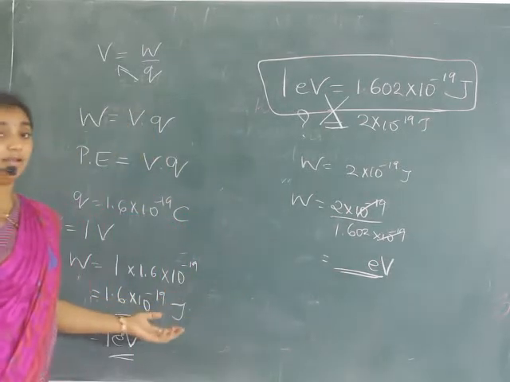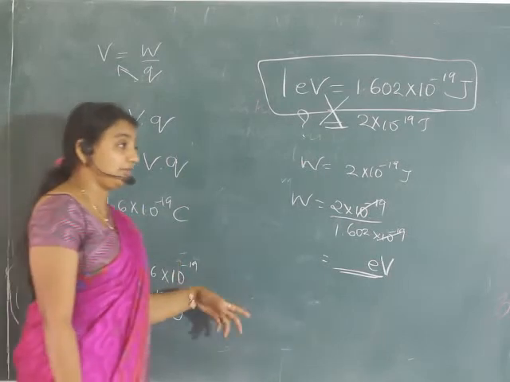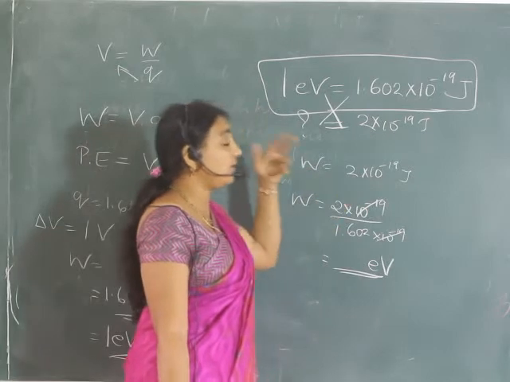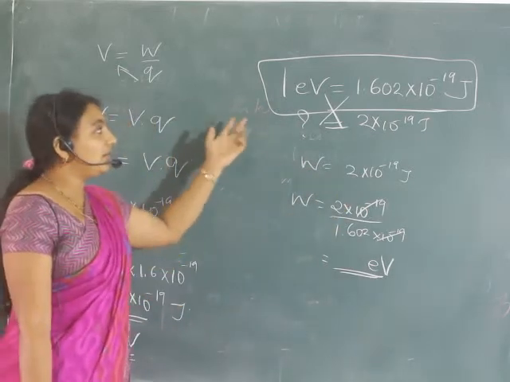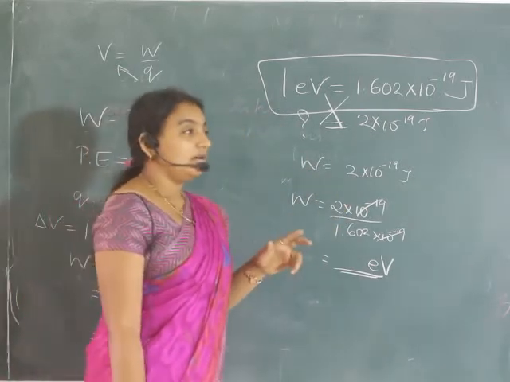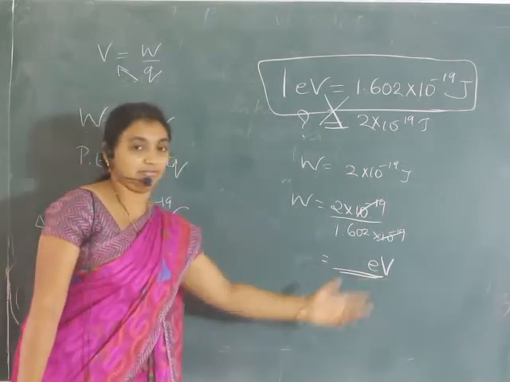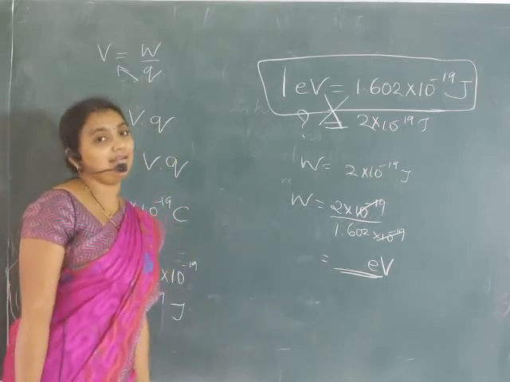Because sometimes in the question, if they give the work done in terms of electron volt, then you can convert it into joules, or if the question is a little bit twisted, you may have to write the answer in electron volt.